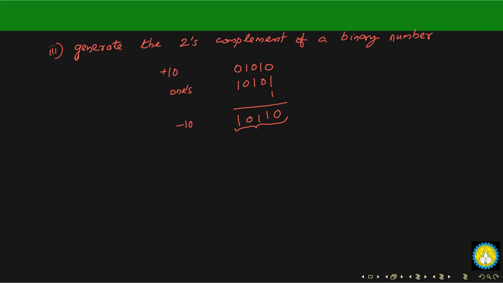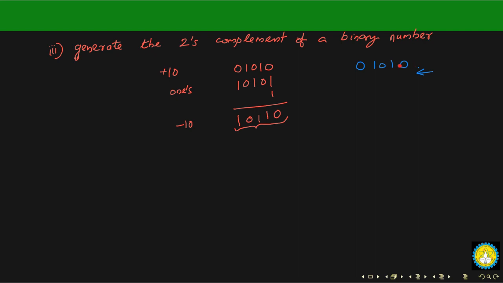Again, the given input here is 0, 1, 0, 1, 0. The trick is that you scan from the left side. Let me take my pointer. What you're going to do is look at the input from this side and go through the number until you get a 1.